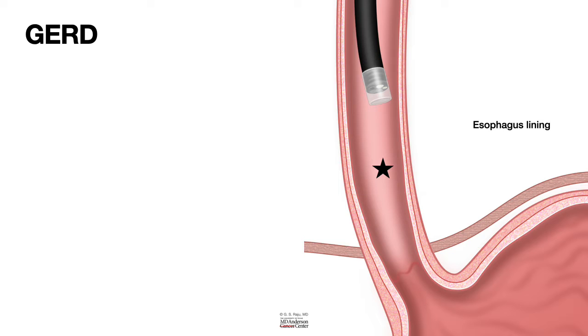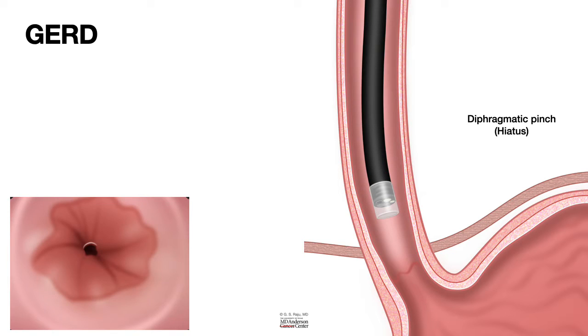Next, you go down and look at the anatomy of the lower end of the esophagus, whether the esophagus goes through the diaphragm and then enters the stomach, or whether the stomach actually comes up into the chest, what we call hiatal hernia.